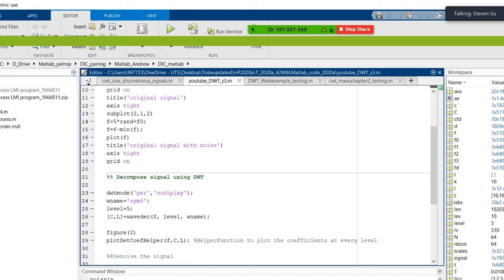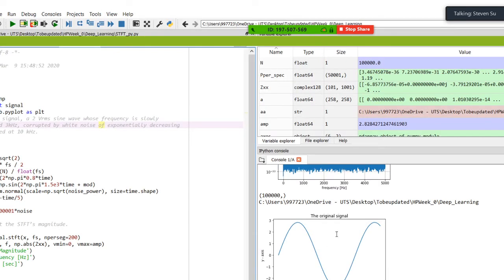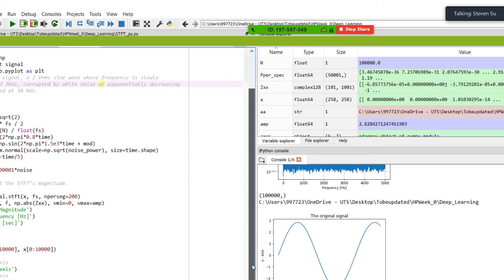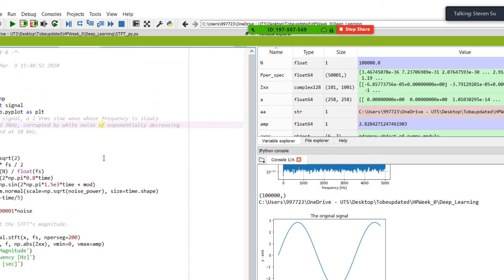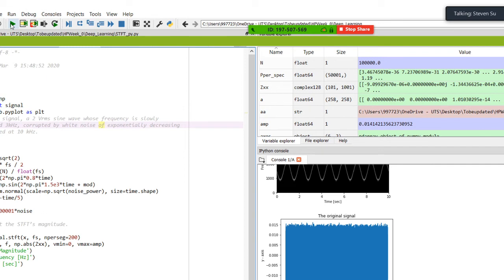Another option is to use Python, because recently I learned Python and found that the Python signal processing toolbox is quite powerful. This is the short-time Fourier transform I showed you last time.